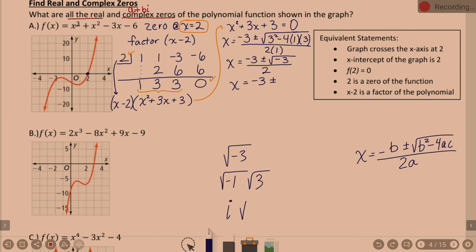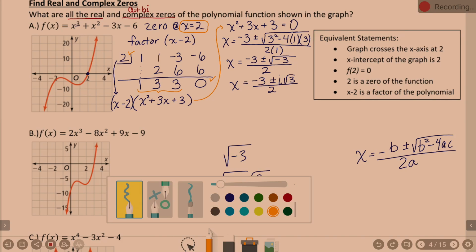I don't know it, so I leave it like that. Sound familiar? Taught it this year. Hasn't been that long ago. So i square root of 3 all over 2. Well, that does not reduce. Guess what? That's part of my answers. Oh, I don't like it.